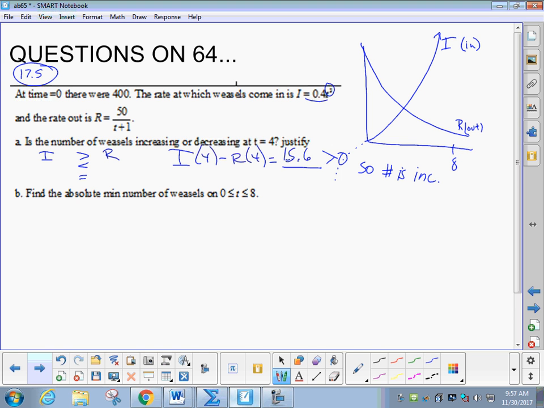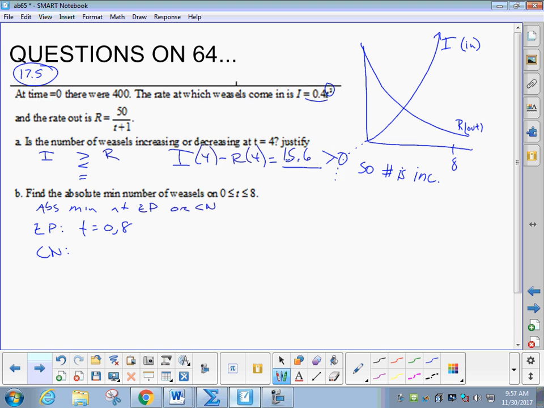All right. Find the absolute min number of weasels on 0 to 8. I hope you started with absolute min is at endpoint or critical number. That is good math. That is Fermat's theorem. To say that is right and should be done. You should then gather the candidates. The endpoints are times 0 and 8, obviously. No justification is needed for where they're coming from, but for the critical numbers you should say where they're coming from.